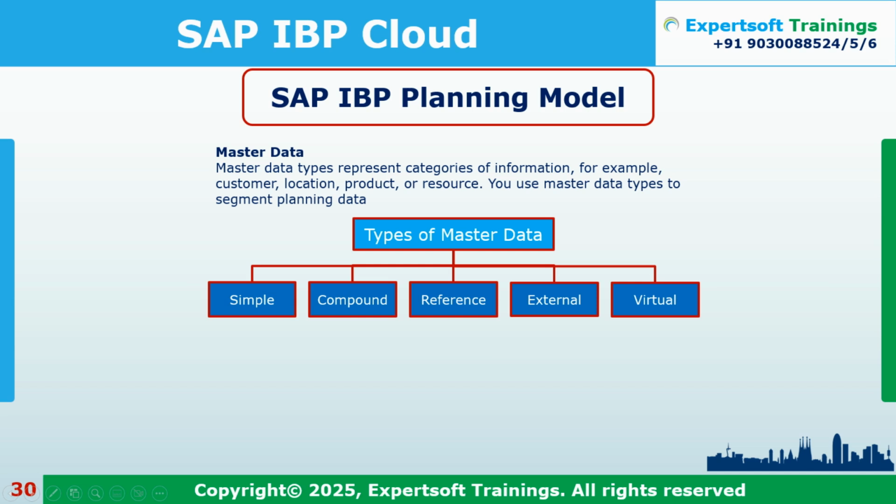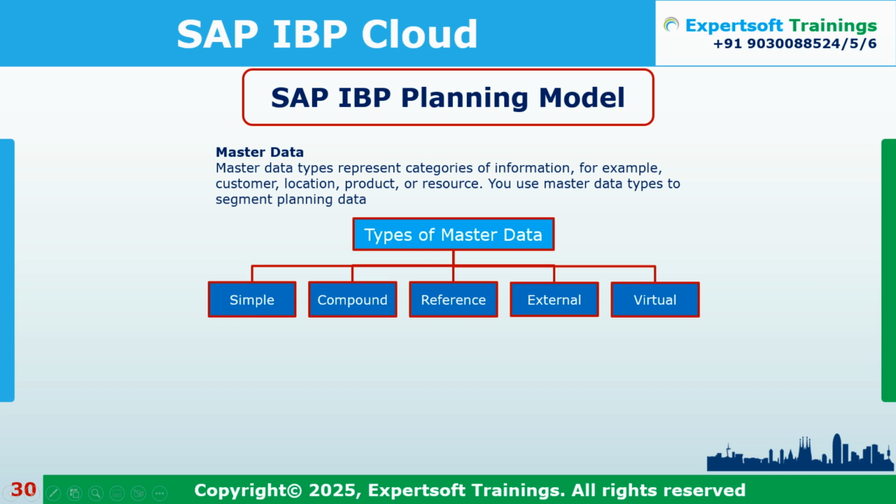Third one is a reference master data. Fourth one is an external master data. And fifth one is a virtual master data. Simple master data is what we are calling location, customer, product, resource. These are all simple master data.